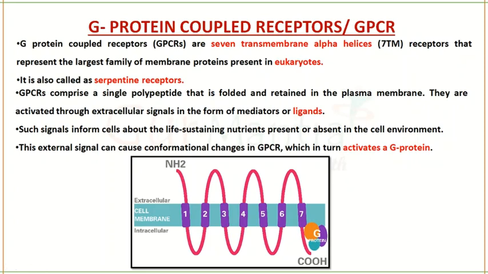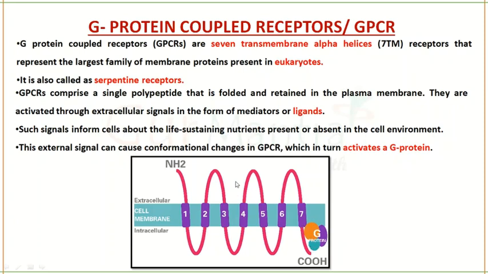Such signals inform the cell about the life sustaining nutrients present or absent in the cell environment. When this external signal or ligand binds to the receptor, there will be a conformational change in the receptor that will activate the G protein, which is attached to this G protein coupled receptor.